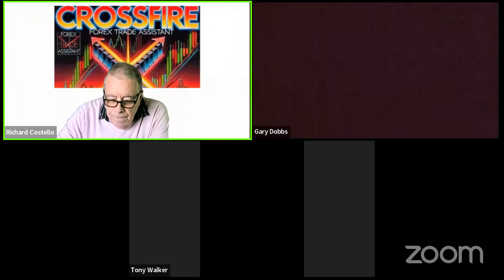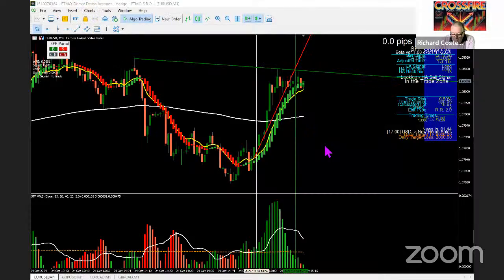Let's go and see what we've got showing on MT5. Yeah, we've got a discrepancy here because this red trend line is starting here, and it really needs to look even further back, I'm guessing. But what I can do is I'll live with this trend line.